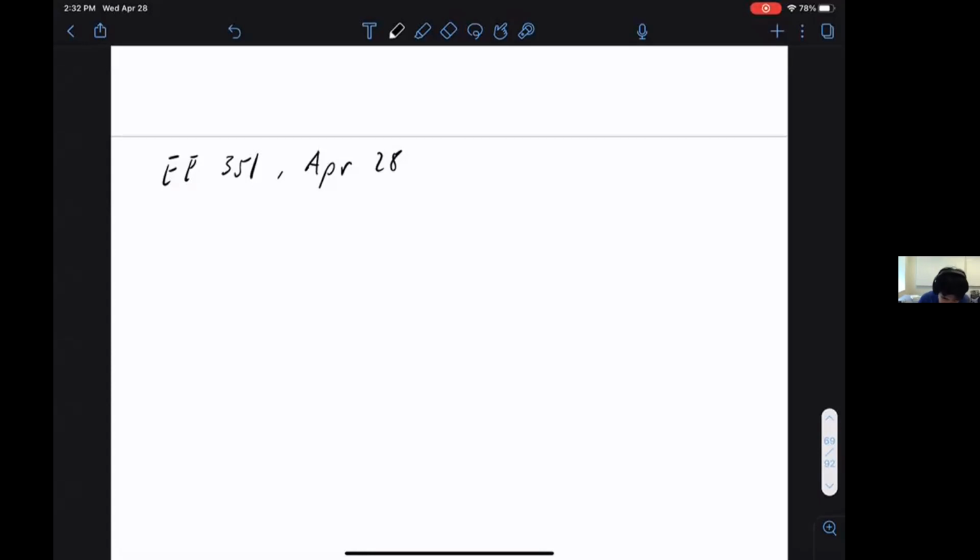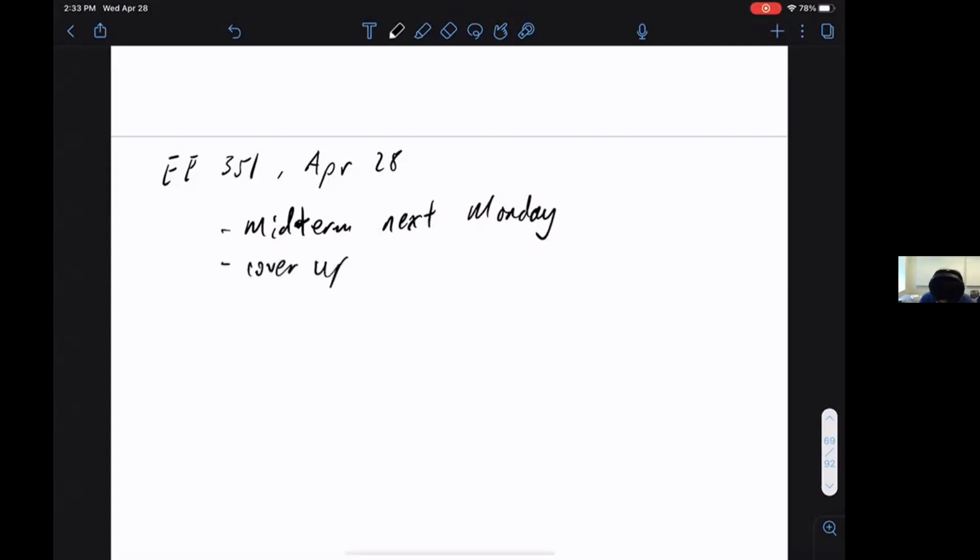As a reminder, the midterm is next Monday. This will cover up to solar energy, so we'll cover up to the end of solar power.